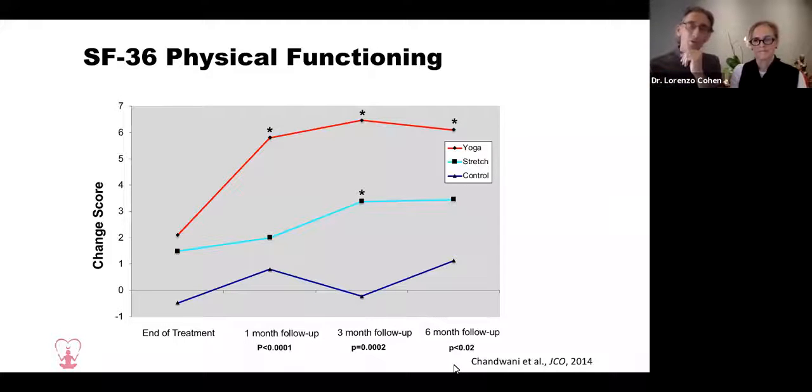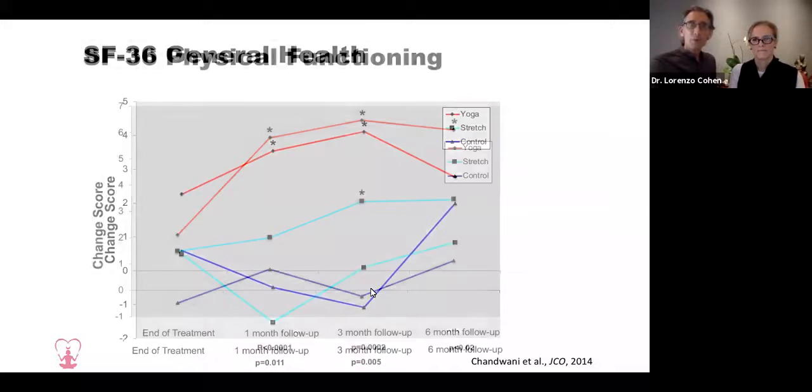And these women have all just come off of surgery and/or chemotherapy. So they're not getting better from the end of treatment through 6 months if they didn't do anything. And we see really favoring the yoga group, with intermediate effect for the stretching group, but stretching was only different than usual care at the 3 month point.